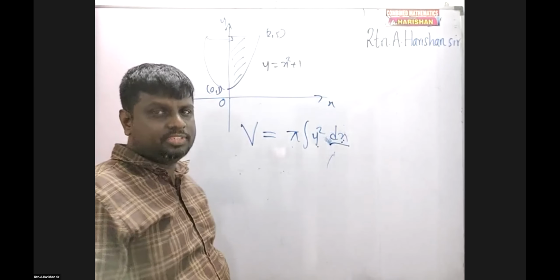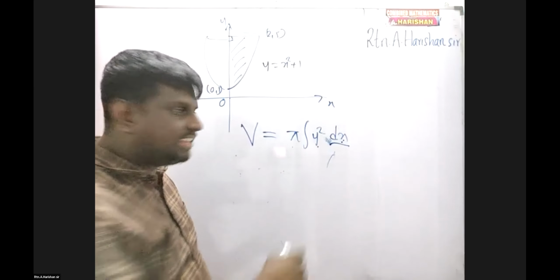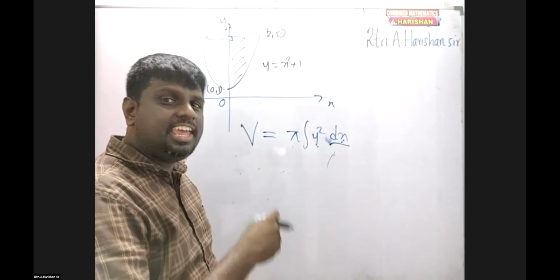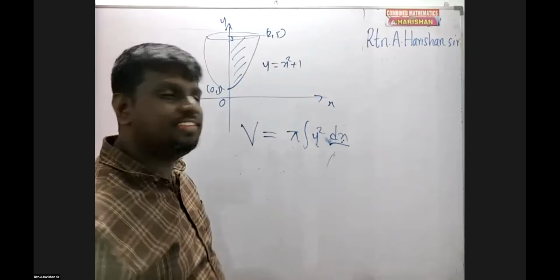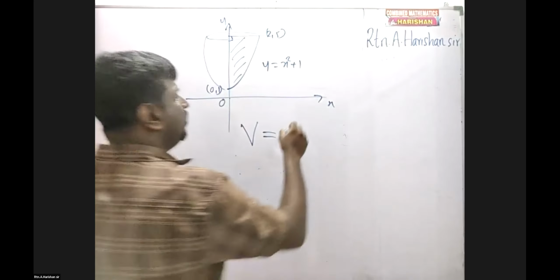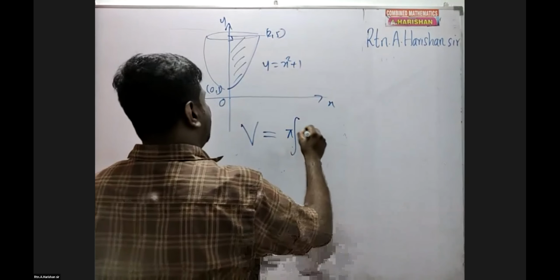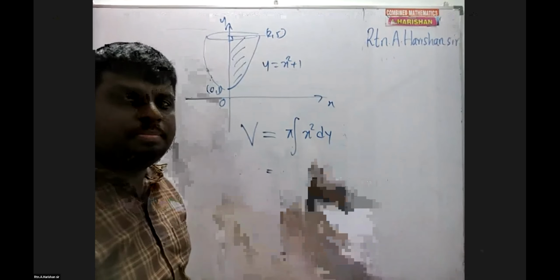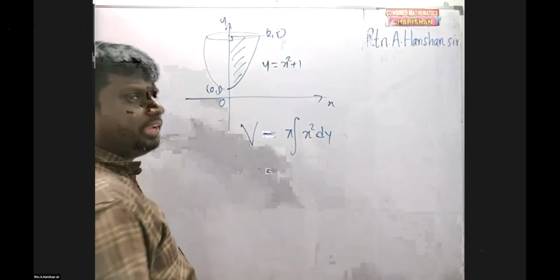If rotated about the x-axis, y squared dx. If rotated about the y-axis, x squared dy. So this is rotated about the y-axis. Then we go for pi x squared dy. That's the important thing.